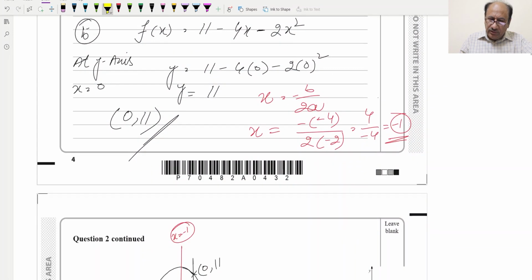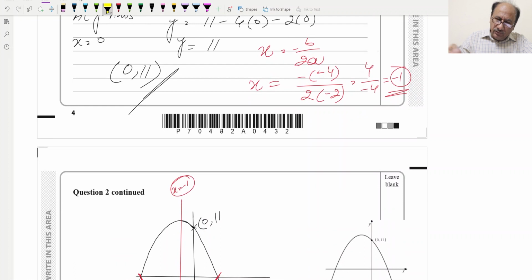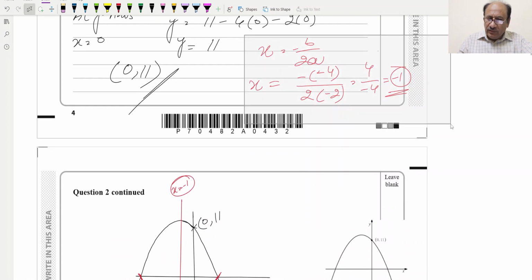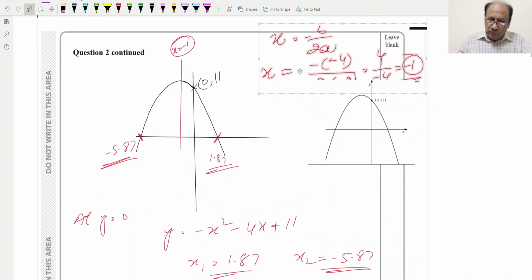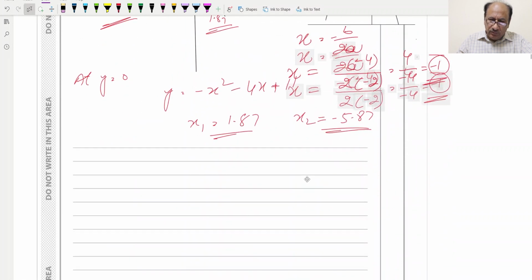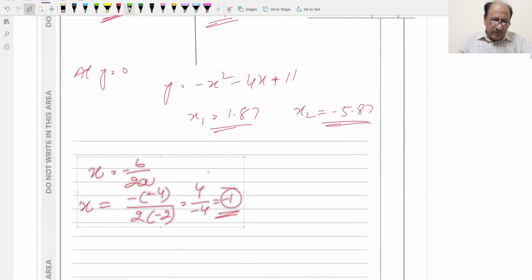We have already done that line of symmetry, so we can shift it over here for C part.